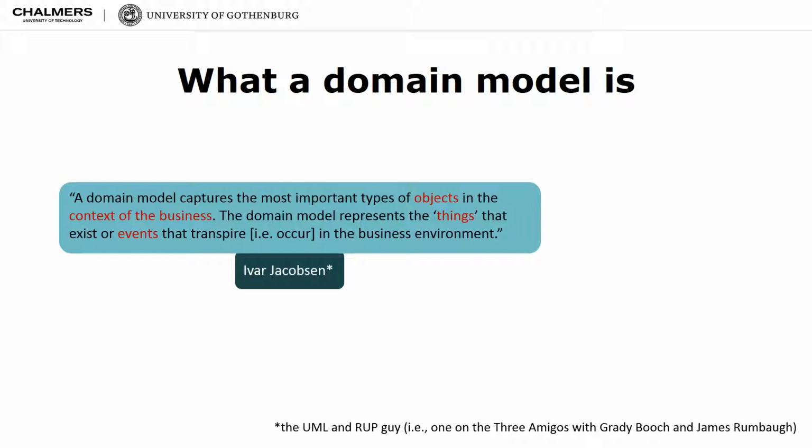For instance, if we consider a very simple, naive example of a car dealership, things in that business environment would be, for instance, the cars, and events that happen in that business environment would be, for instance, the sale of a car.